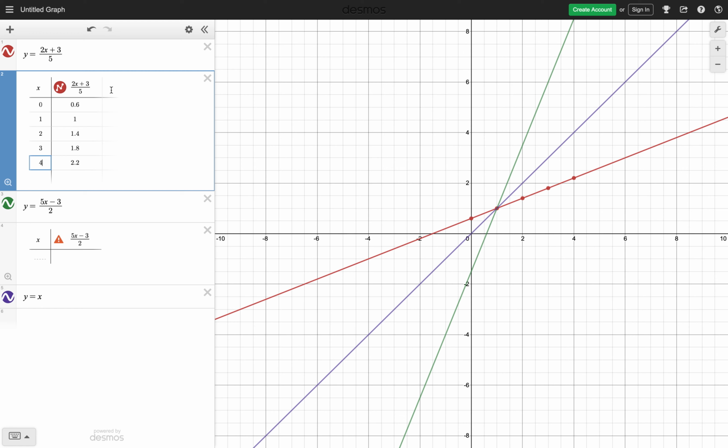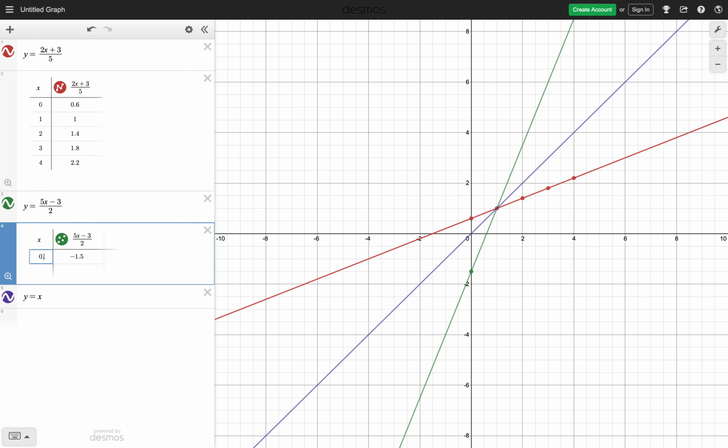Among the ordered pairs for y is equal to 2x plus 3 over 5, we have 0, 0.6; 1, 1; 2, 1.4; 3, 1.8; and 4, 2.2. Our function and its inverse will have interchanging x and y values. So we have 0, 0.6 for the first function, and the inverse will have the reverse.